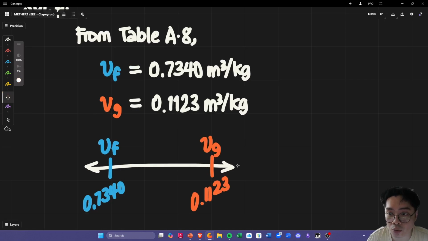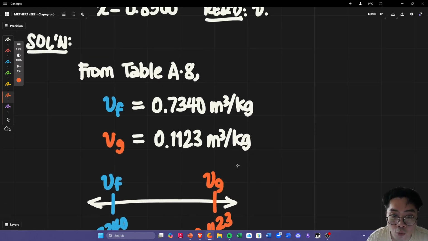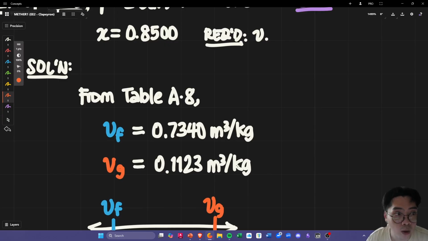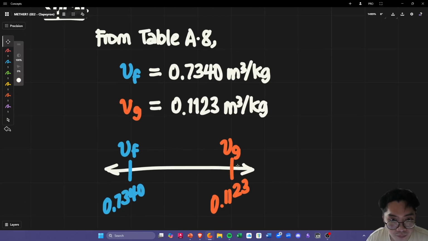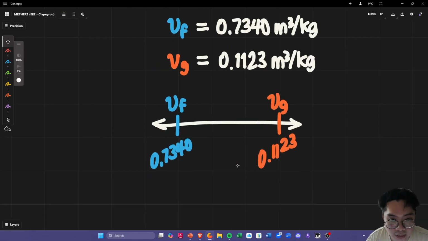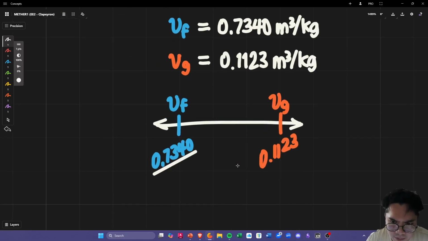Please look at your steam tables very closely. If you're to write this down, this would already be wrong. Why is this wrong? What you would see in here is that, wait a second, this is bigger than this. There's usually no problem with that. It's just that now you have to be a bit more curious as to why that is the case.